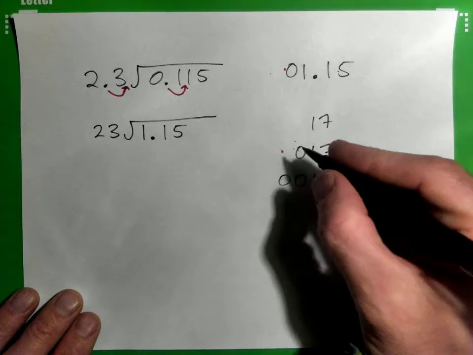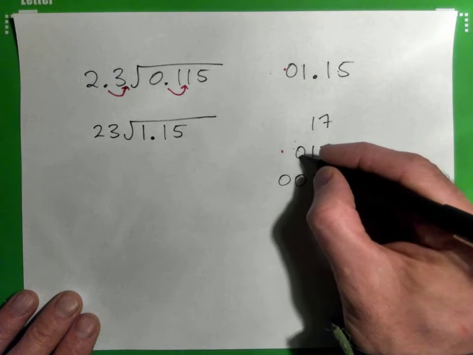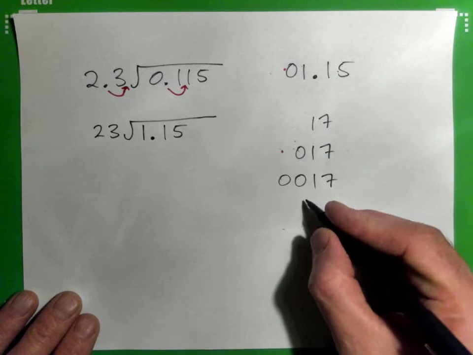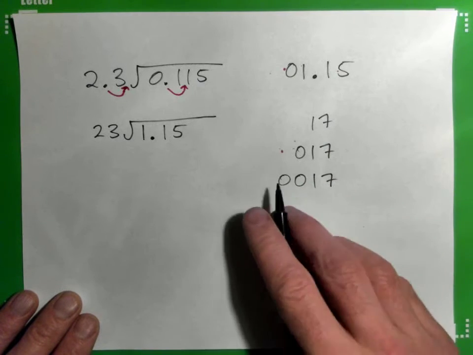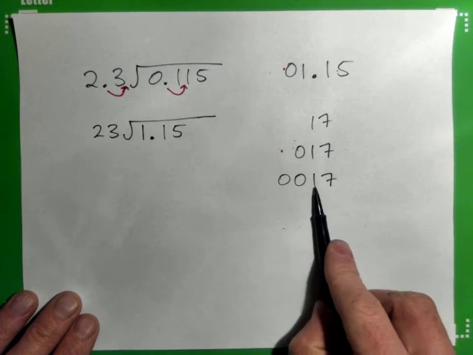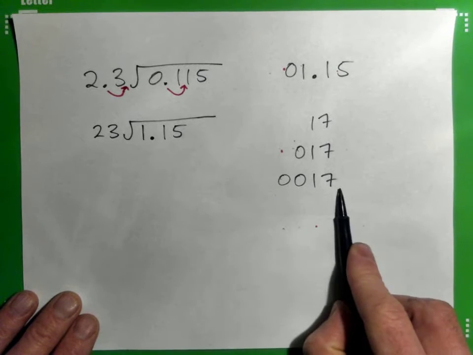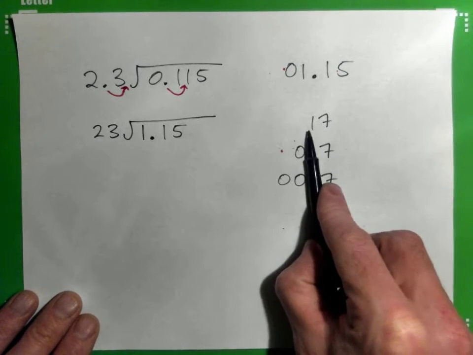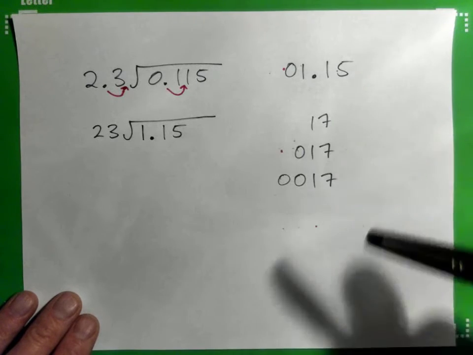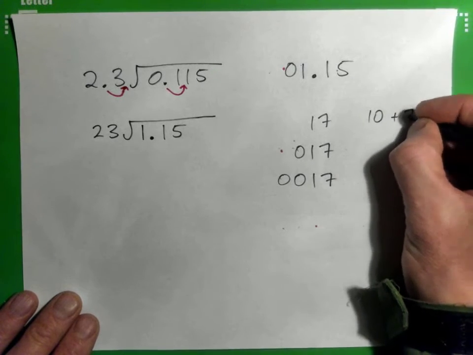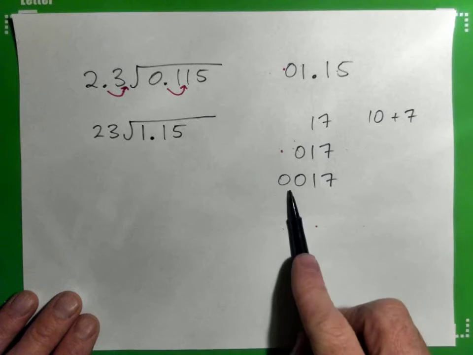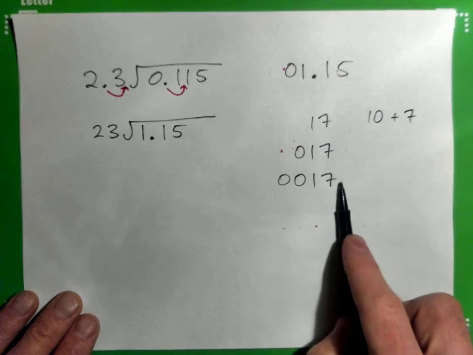It just means no hundreds. That's 0 hundreds. And this is no thousands, because this is a thousand spot, isn't it? Thousands, hundreds, tens, units, right? So 17 is 1 ten and 7 units, or 10 plus 7, right? 0017 is no thousands, no hundreds, 1 ten and 7 units.